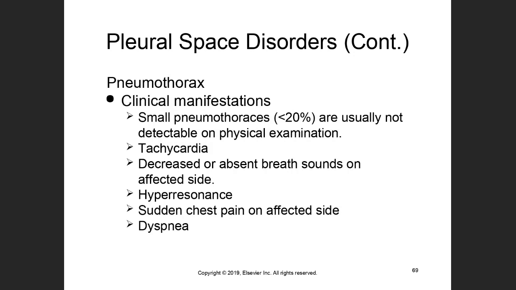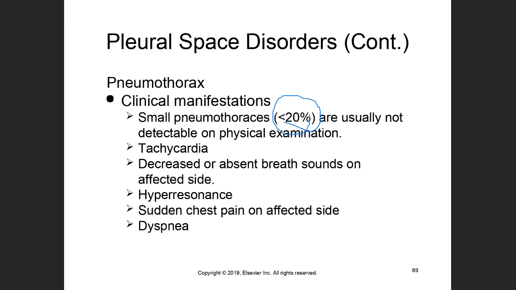Clinical manifestation, the patient is going to have a small pneumothorax, which is usually not detectable. If the pneumothorax is less than 20%, okay, you are going to see that on the X-rays. It's a really small pneumothorax. You don't do anything. Okay, the patient is going to recover by itself. Okay, tachycardia, decreased or absent breath sounds, hyperresonance.